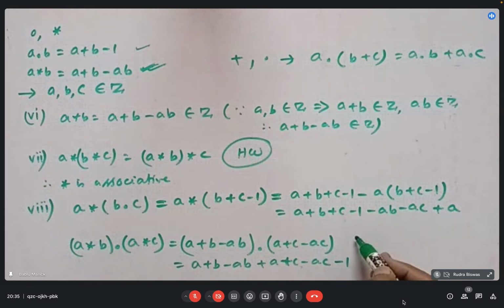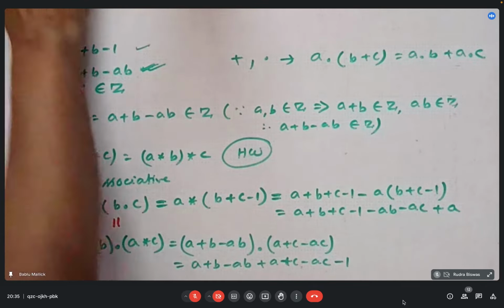So see, they are equal. Therefore, finally, write: A star (B circle C) is equal to (A star B) circle (A star C).